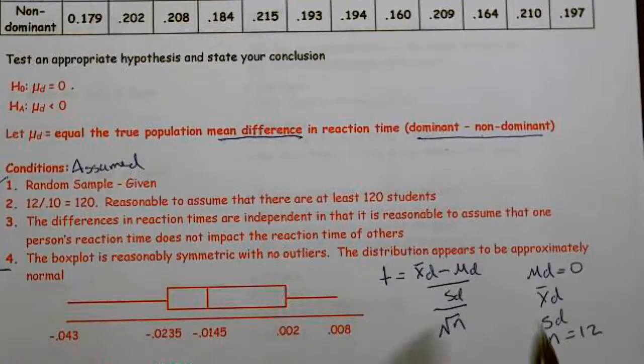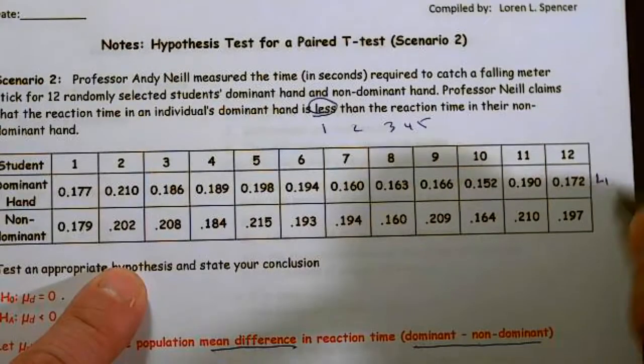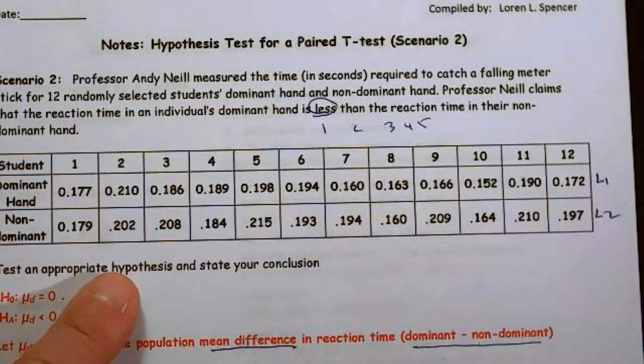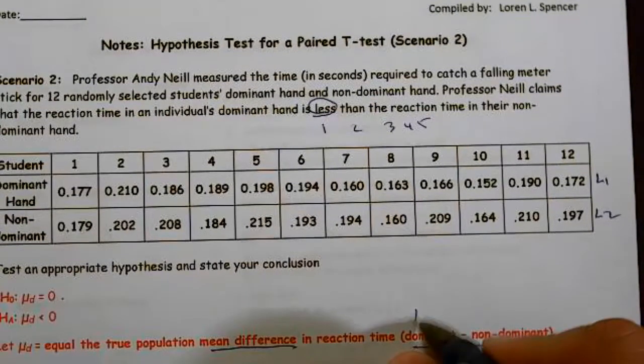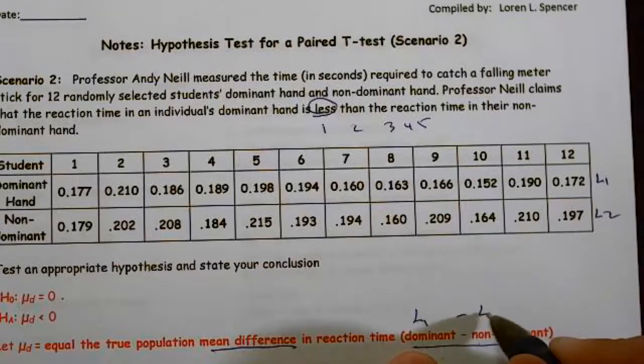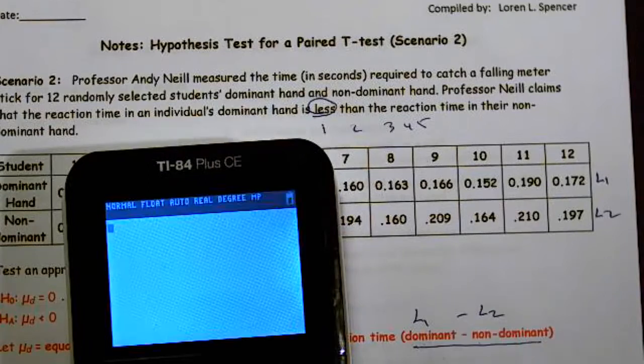Okay, so the shortcut to getting this information is to go ahead and enter this data into L1 and L2. So dominant and non-dominant, because this was going to be L1 minus L2. So here's the way you do that.